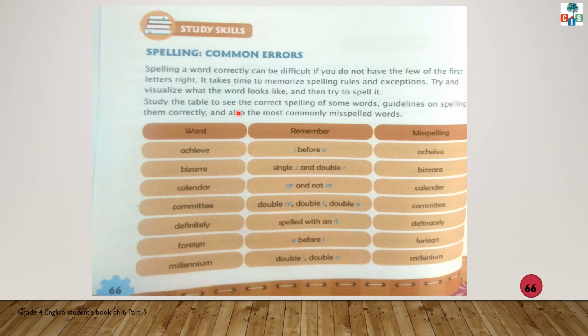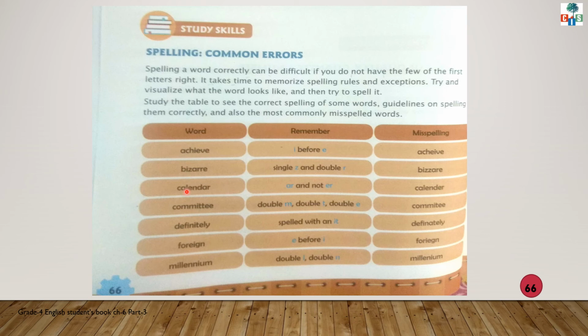Study the table to see the correct spelling of some words, guidelines on spelling them correctly, and also the most commonly misspelled words. Now, children, here a table is given and words are given and how we misspell a few words while spelling them or writing them.